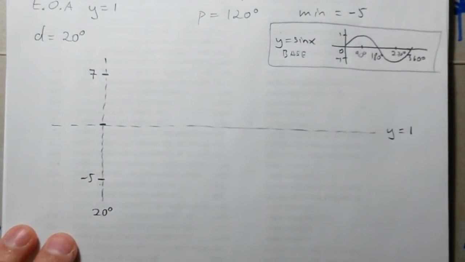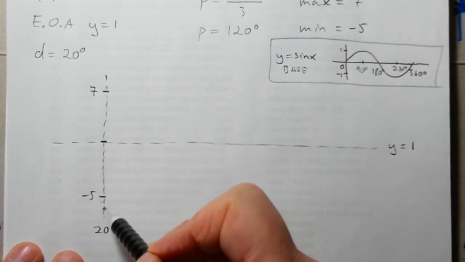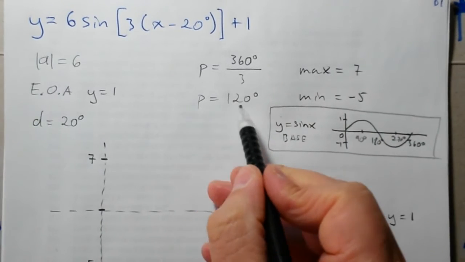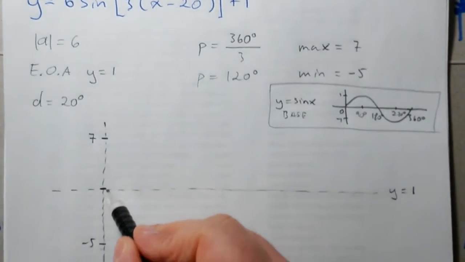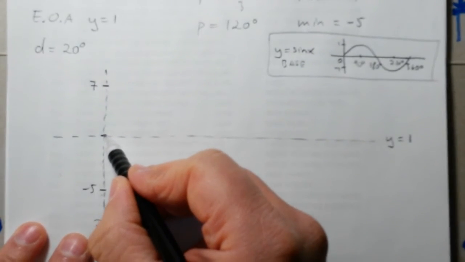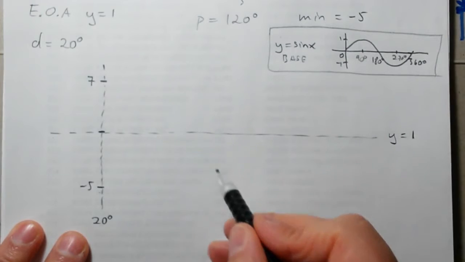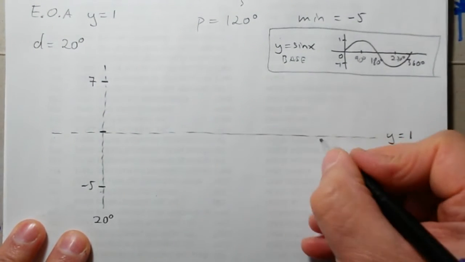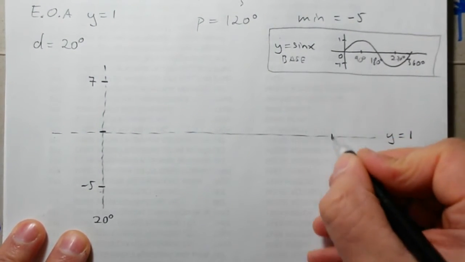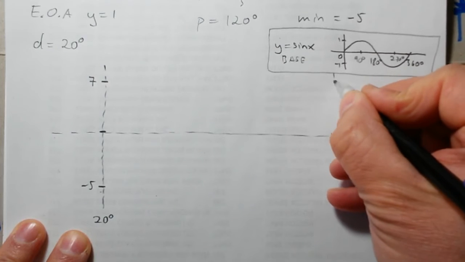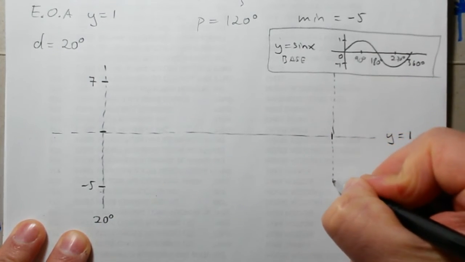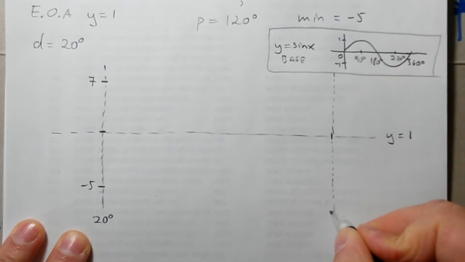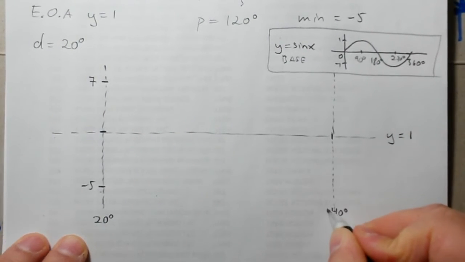So now let's go back to this. We know we start at 20. We know that the period here is 120 degrees. So if we start at 20, and the period is 120 degrees, that means we're going to end up at 140. So roughly, once again, this will be our 140 degrees mark.